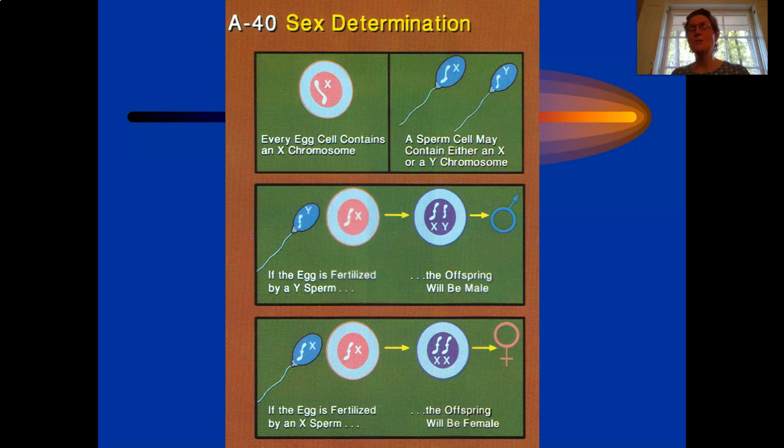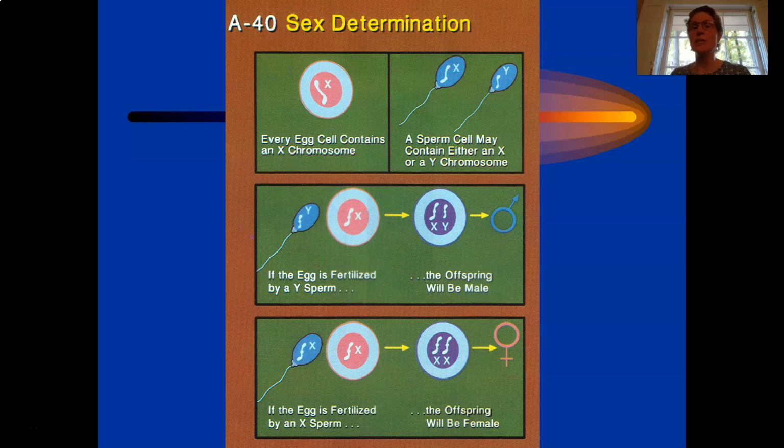So how is the sex of the baby determined? Well, contrary to what people thought for most of history, and there are some pretty awful stories of kings who had their wives beheaded because they weren't delivering a son, it turns out it wasn't the mother's fault. There's my dog.